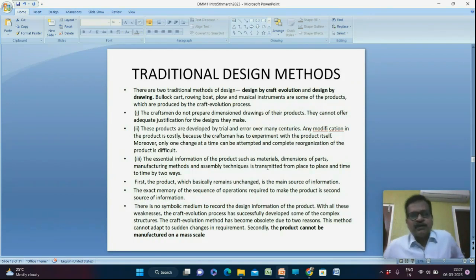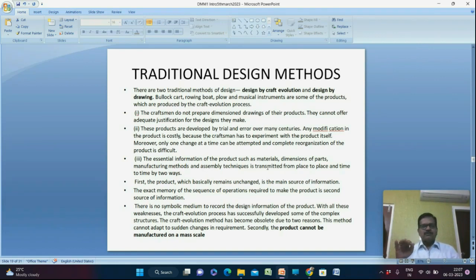Traditional design methods. There are two traditional methods. One is design by craft evolution, and the second one is design by drawing. Bullock cart, rowing boat, plow, musical instrument.